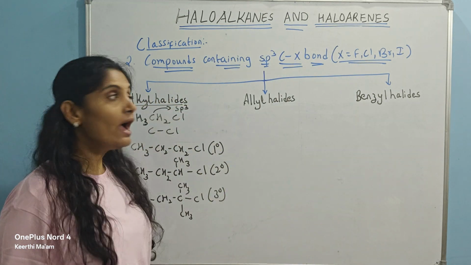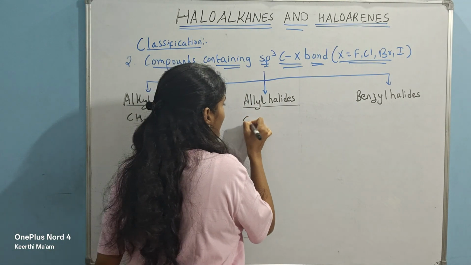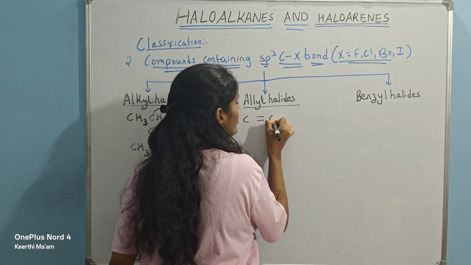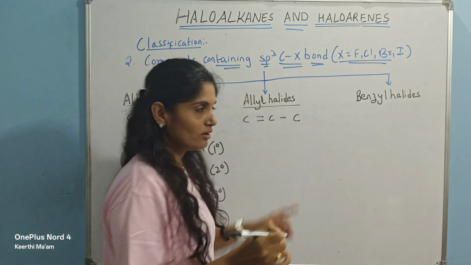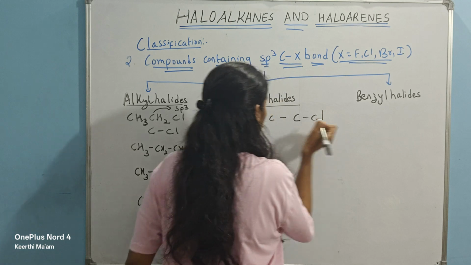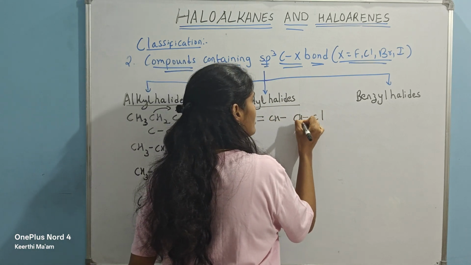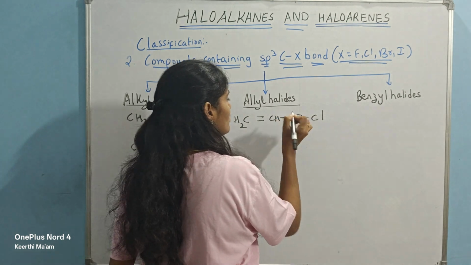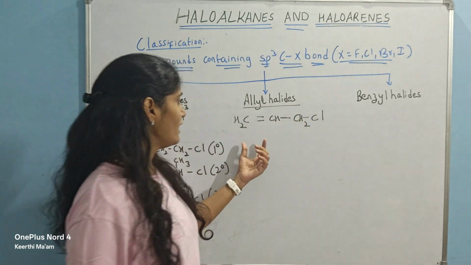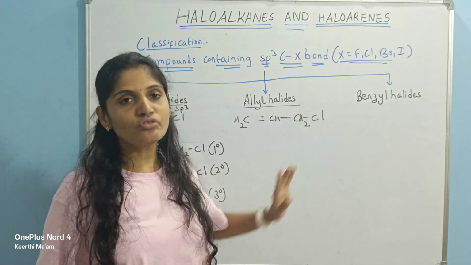Now let me come to the allyl halides. Very important. If you take allyl halides, here you have carbon double bond carbon single bond carbon. This is the carbon skeleton and this carbon is attached to your halogen. Now you can fill in your hydrogens: CH2=CH-CH2Cl.